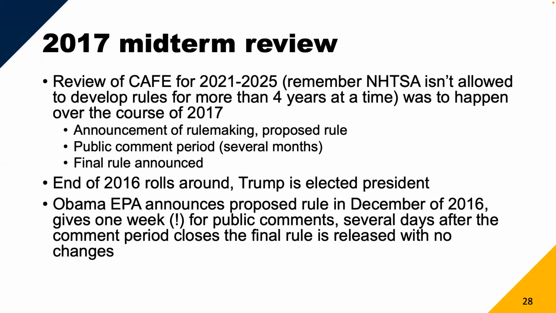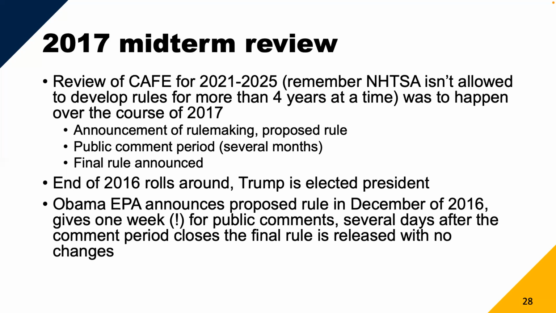Remember the way rulemaking happens: we announce a rulemaking, and the regulatory agency releases a proposed rule to the public. There's a long public commenting period of usually at least 60 days. Then they take in those comments, address all of them, update the rule, and publish it. That's what's supposed to happen.